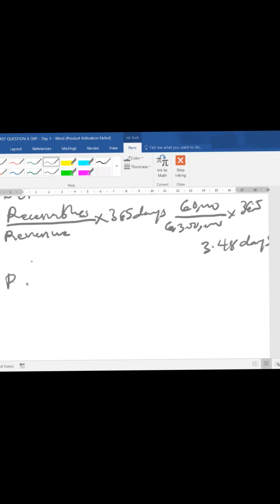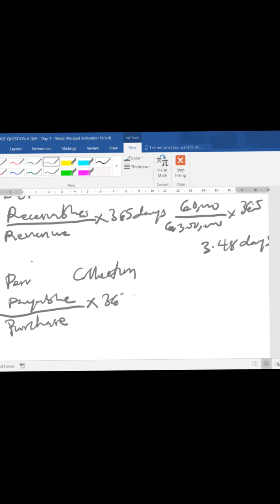That is made up of our payable. And how do we get payable? By purchases, right? In this case, we were fortunate we were given the purchases. If we were not given the purchases, we would have gone ahead to use our cost of sales. But we were given the purchases. So times 365 days.